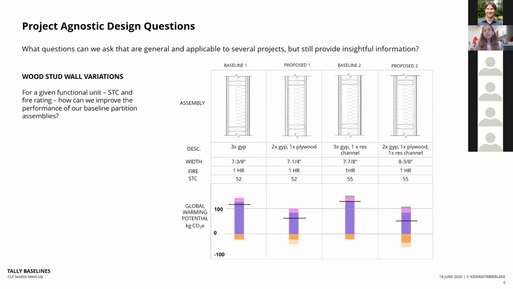And what we wanted to do is just see what other alternatives we have to these assemblies where we can improve the performance from a carbon perspective while also maintaining the same function.